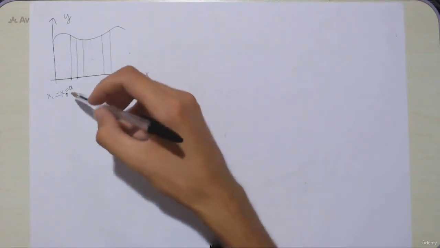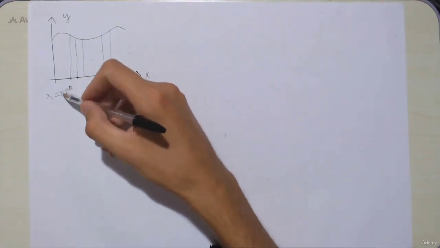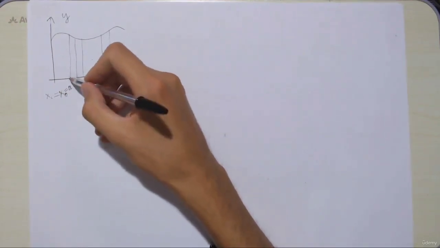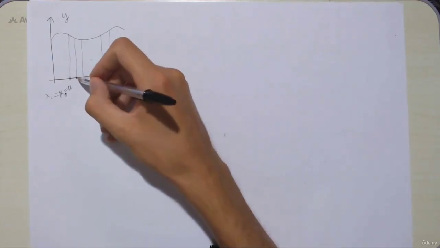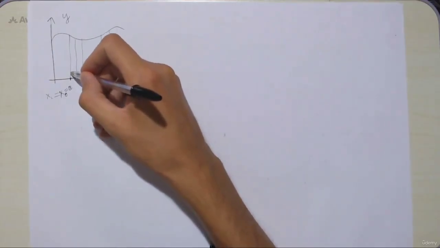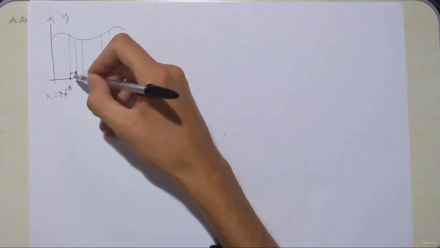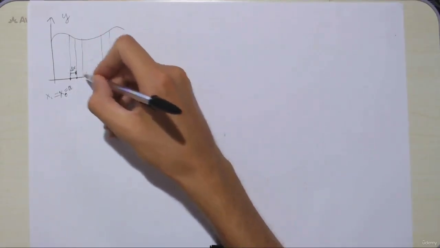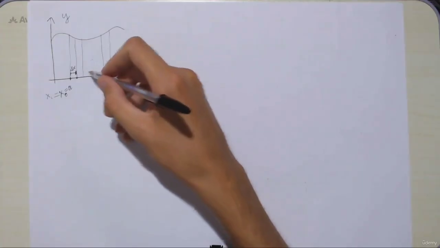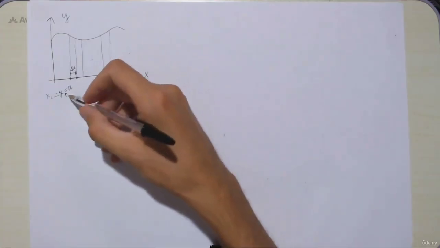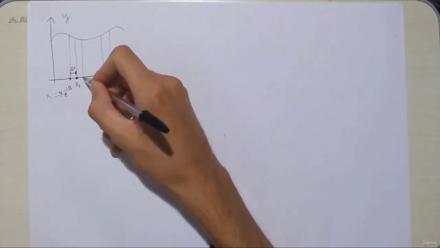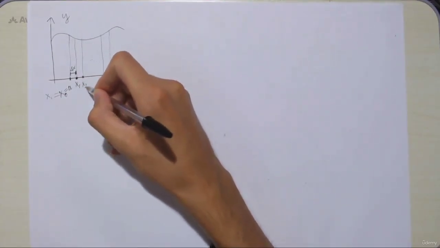So let's continue. If this is x0, right? A is x0, then we're going to say that the interval, the width of these small rectangles, is delta x. Alright? And the width is the same for all of them. So if this is x0, then this point here is x1. Then this point here is x2.